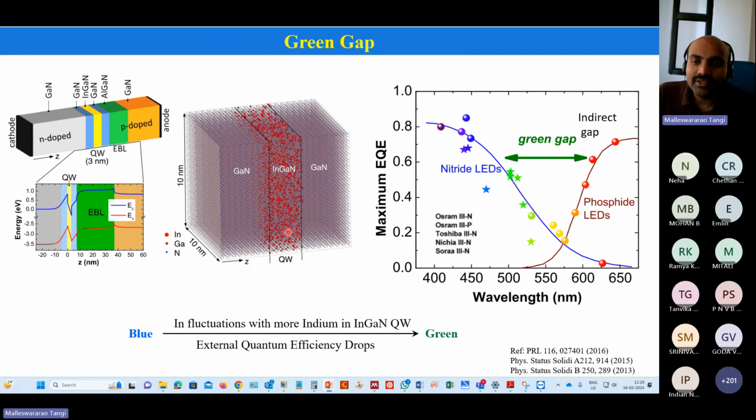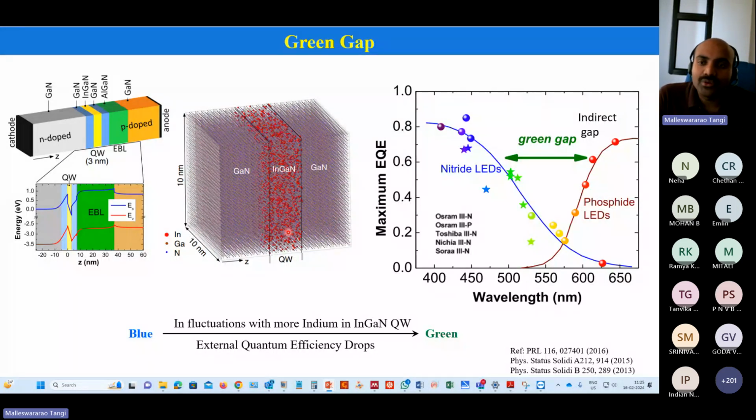All these material systems have a green gap. When you have the nitride system and move from blue light to green emission, the efficiency decreases. If you take a phosphide system like gallium arsenide phosphide, when you have more phosphorus in it, it will emit around the green gap. But this material becomes indirect band gap when you have more phosphorus.